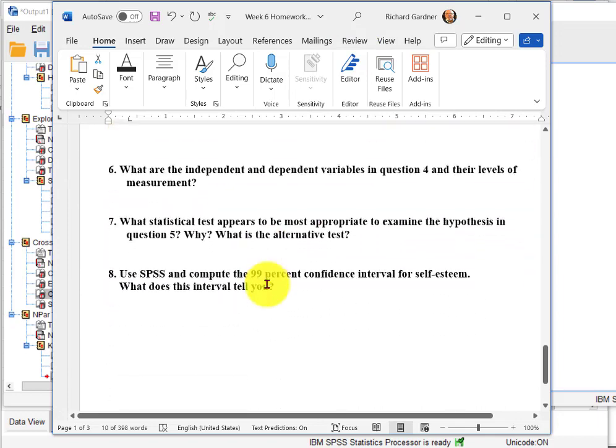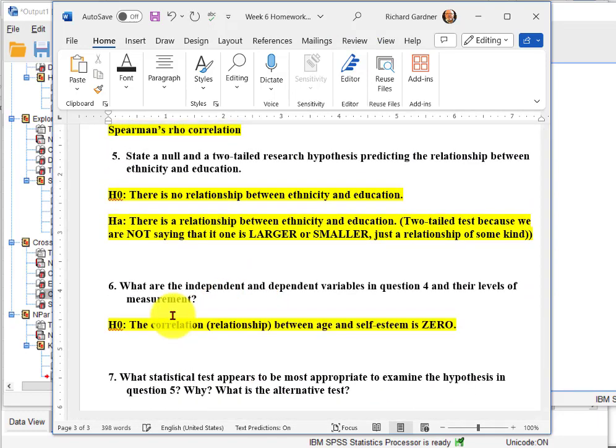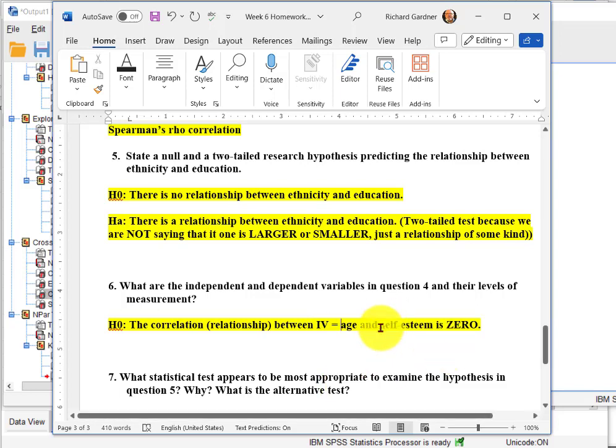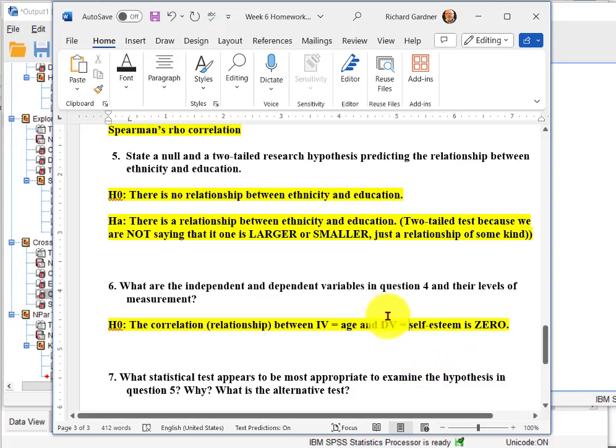Let's go back down here to question 6. All right, independent is the causer. So this is your IV, age, and this is your DV, self-esteem. The levels of measurement.